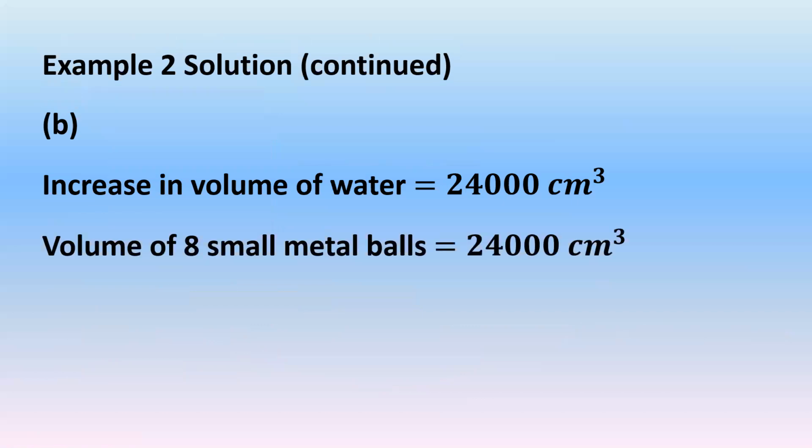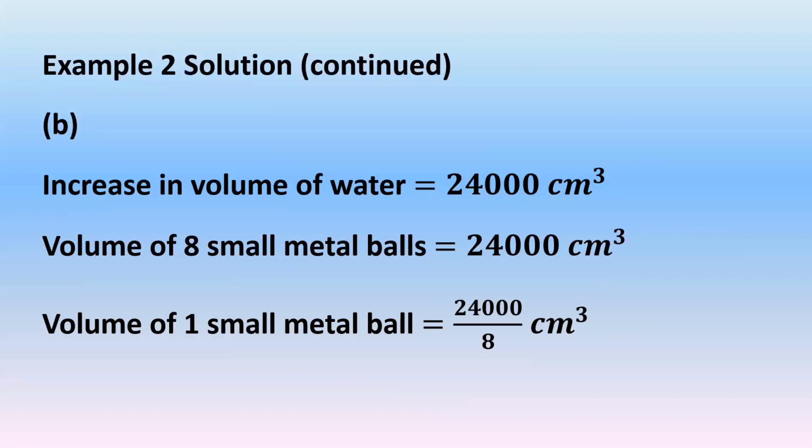That is, volume of 8 small metal balls is equal to 24,000 centimeter cube. To calculate the volume of one small metal ball, we divide 24,000 by 8. Simplifying this, we get 3,000 centimeter cube.